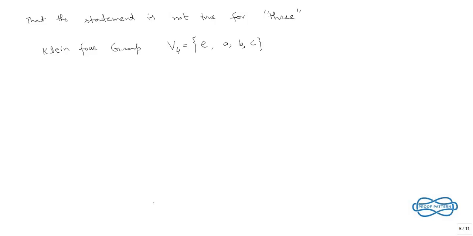Each has order 2, and we have 3 subgroups H1, which is identity and a, and H2, which is identity and b, and then H3, which is identity and c. Clearly this V4 is the union of H1, H2 and H3. So the statement is not true if instead of 2 we replace it with 3.